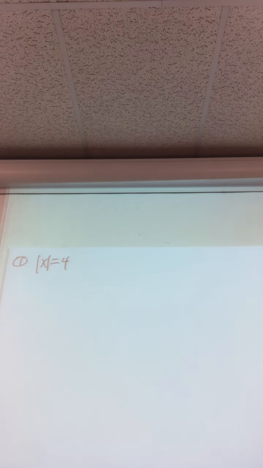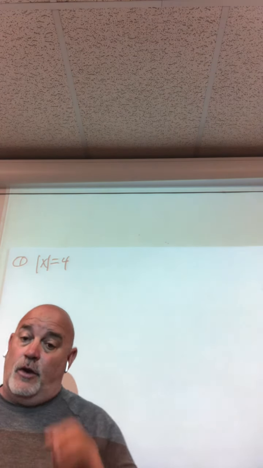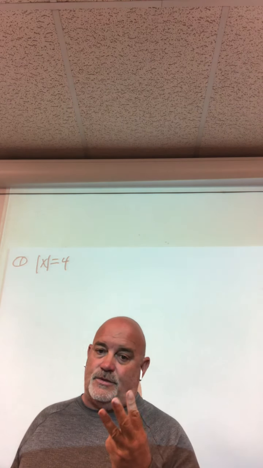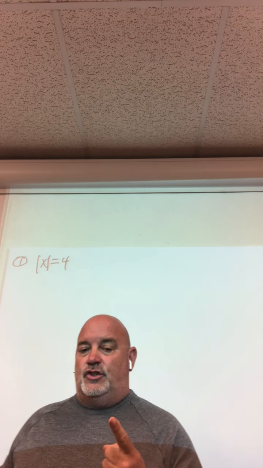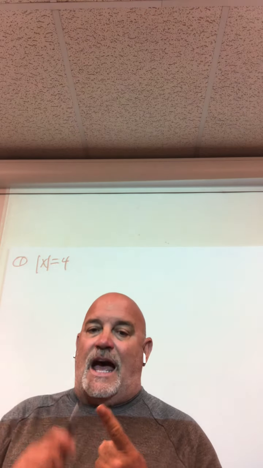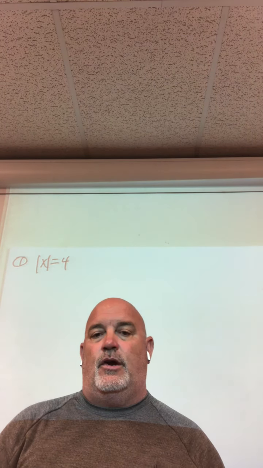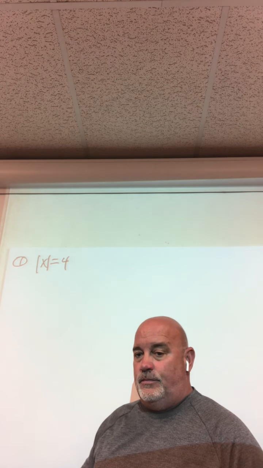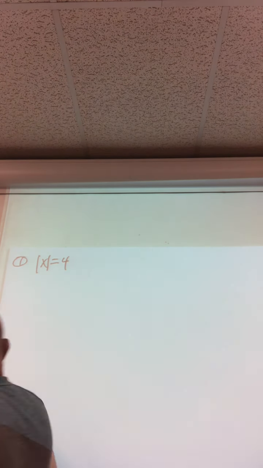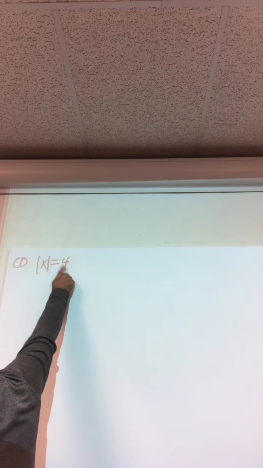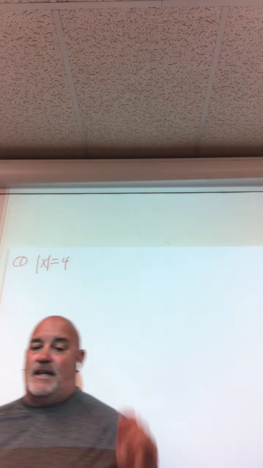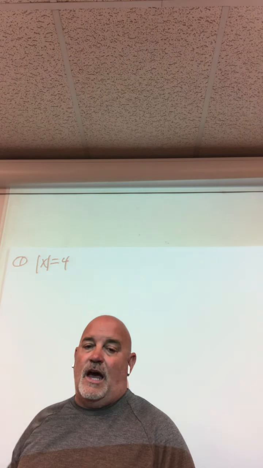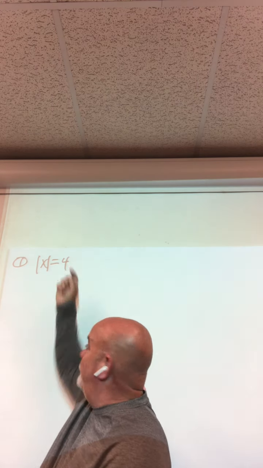First, why is this an absolute value equation? Because my x is inside absolute value symbols. So you've got to know your 3 steps. Step 1 is to isolate the absolute value term on one side. It is. Step 2 says if the number on the right is negative, you can stop and say there's no solution. Well, it's not; it's positive.